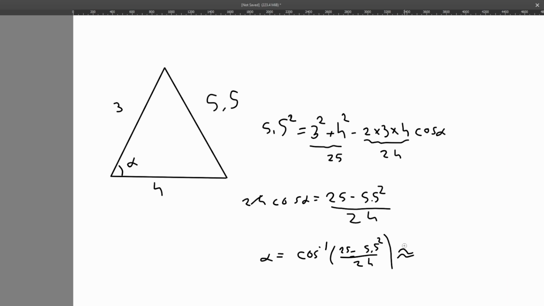We can put this in a calculator. We'll get the inverse cosine of 25 minus 5.5 squared divided by 24, which is approximately 103 degrees, to 3 significant figures.